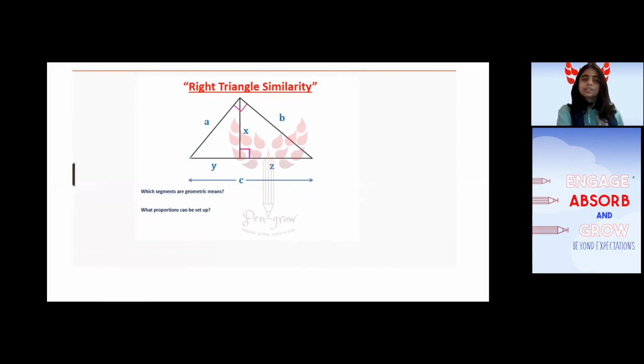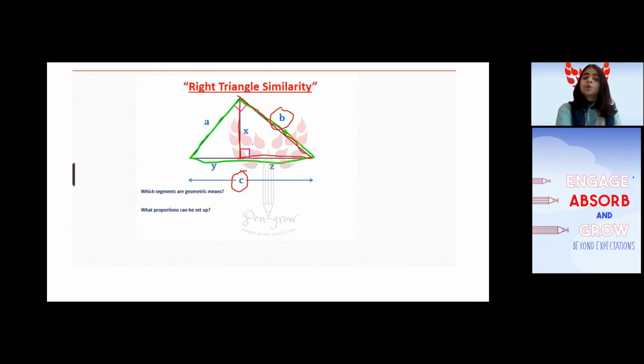So what I'm saying is that this triangle is similar to, let's say that is given to us in the question, this triangle. So in this case, which side will be proportional? We will be sure that B is proportional to C.